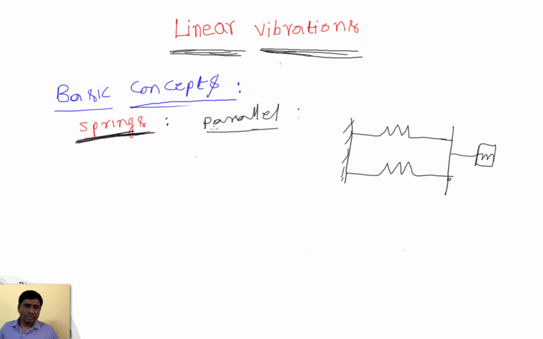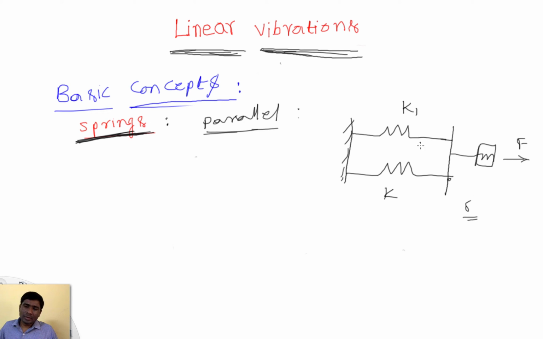Now when the springs are connected in the parallel position as shown in the figure, this is k1 and this is k2. Here again, F amount of force is applied, which causes a delta displacement.